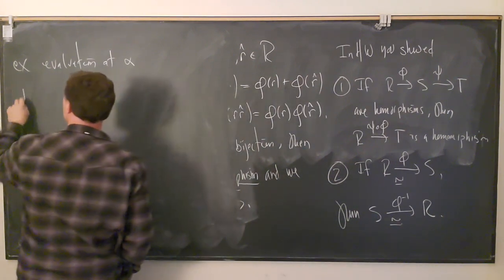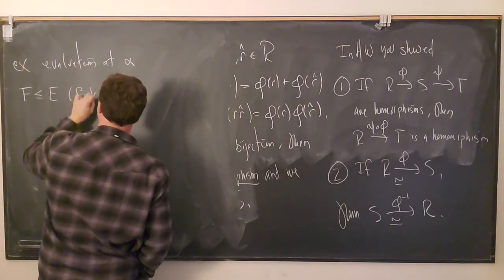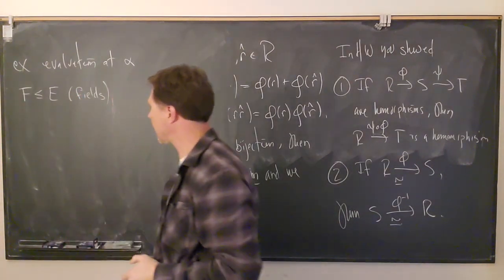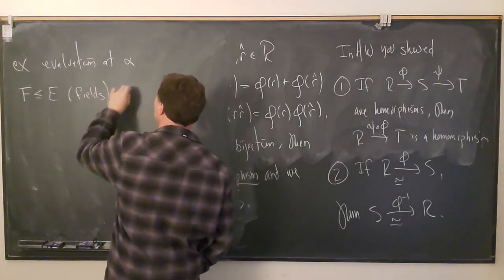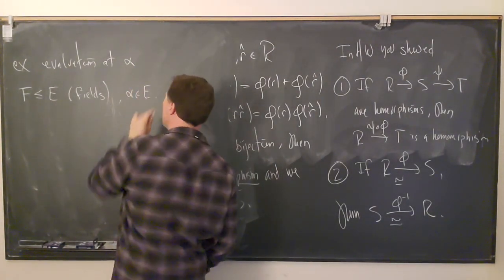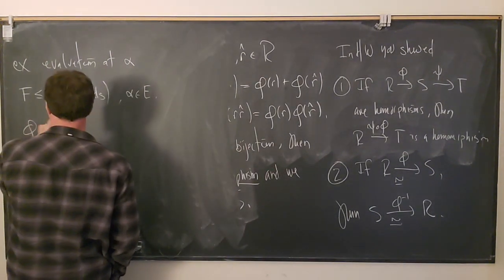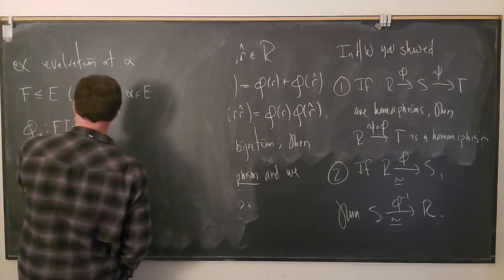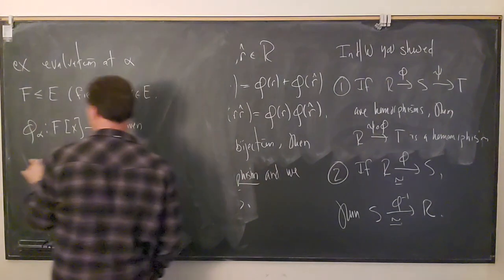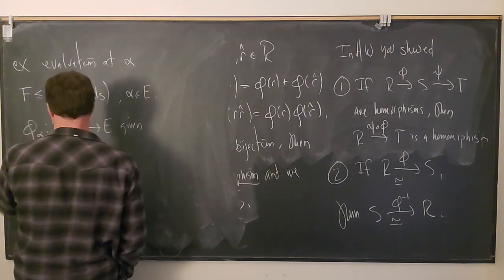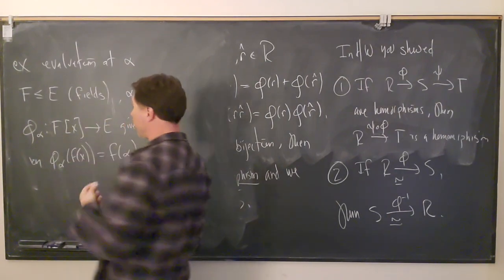F and E are fields, F is a subfield of E, and alpha is an element of E. Then phi sub alpha from F[x] to E, given by phi sub alpha of f(x) equals f(alpha), is a homomorphism.